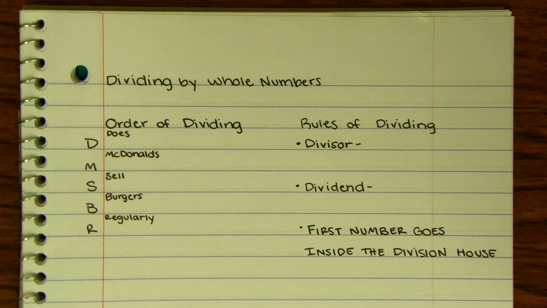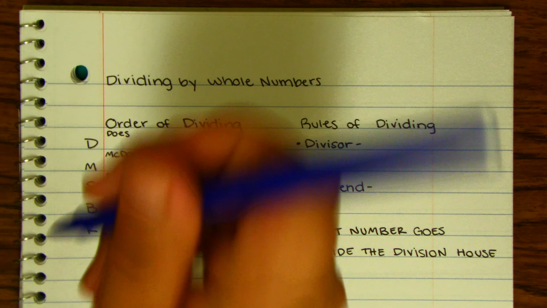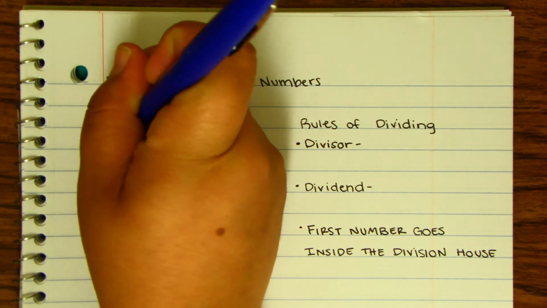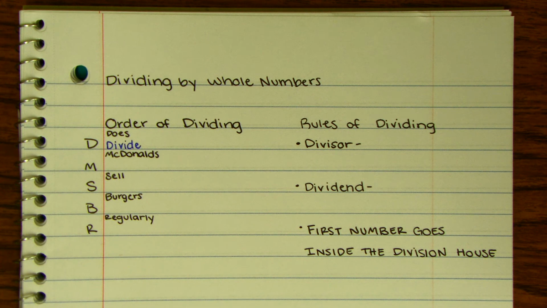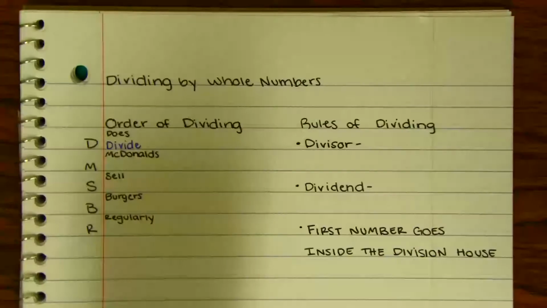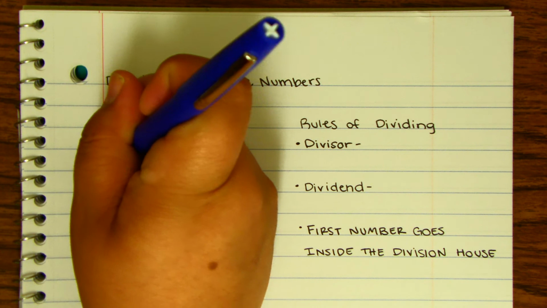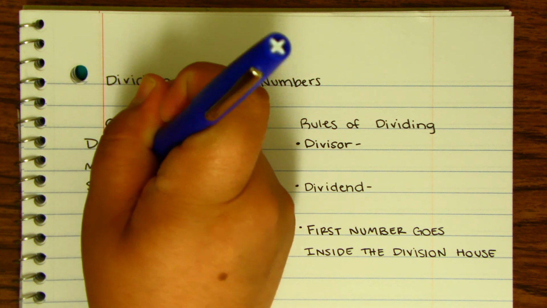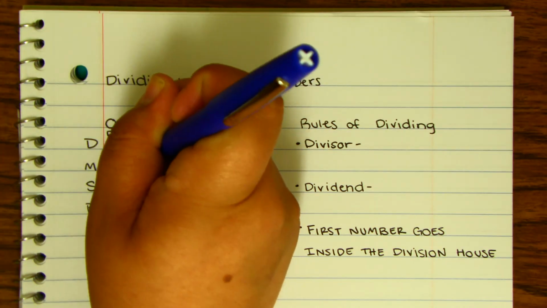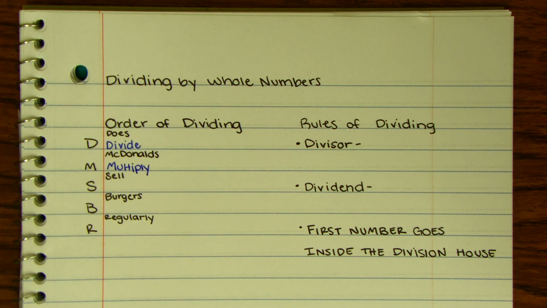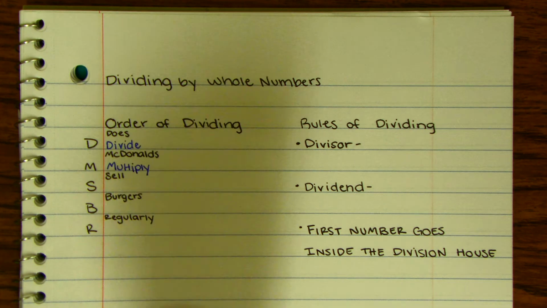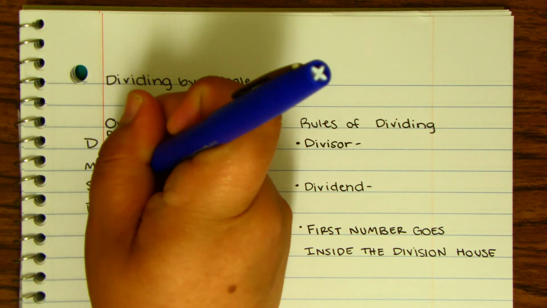So the letter D, does, stands for divide. So we're going to divide the two numbers. Then M, the next step, is going to multiply. So we're going to multiply. Then S for sell, we're going to subtract.